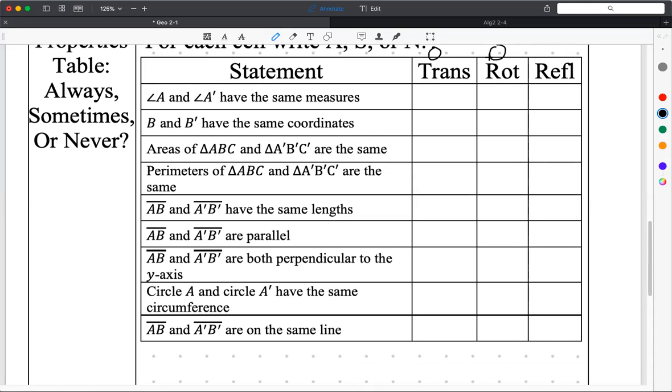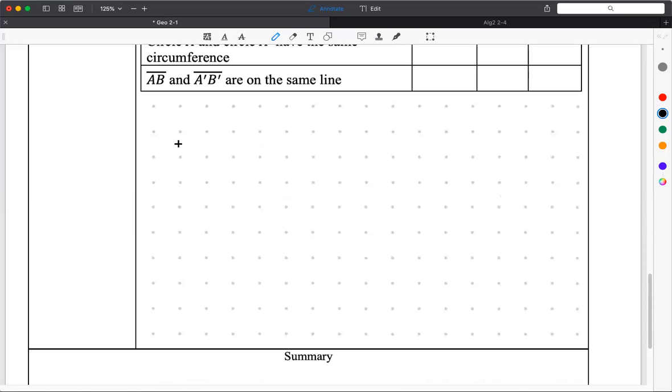Can you make a situation where, under a translation, some 2 angles have the same measures? I abbreviated here because I didn't have enough room for my table. Okay, well, I'm going to go ahead and draw down here. Let's draw, I don't know, a triangle and another triangle. I moved this triangle down this direction. Okay, maybe I chose that angle to be A and that angle to be A prime.